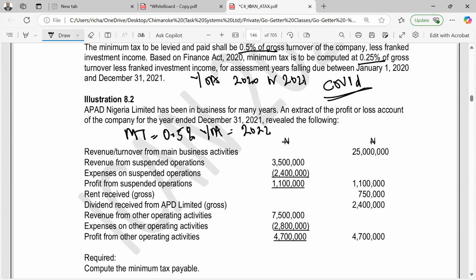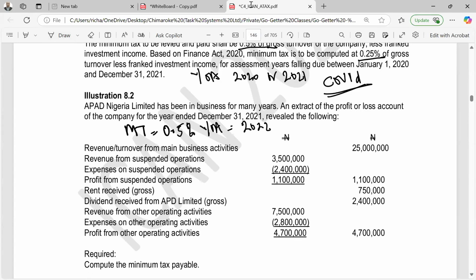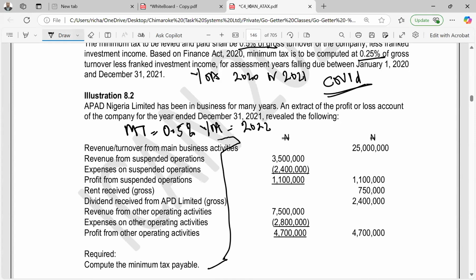We don't know what else they're asking us to do, but I've slightly looked at the required. The required is telling us the minimum tax payable. So I'm just linking it up here that the minimum tax will be 0.5%.